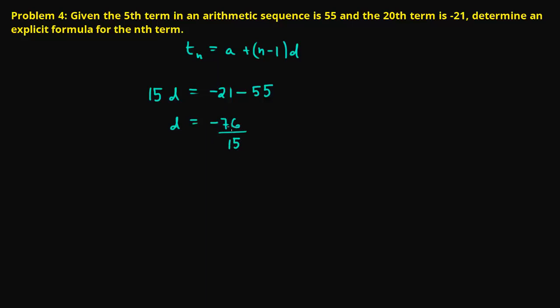To check if 76 is divisible by 3, we can use the divisibility by 3 test: it is only divisible by 3 if its digits add up to a number divisible by 3. 7 plus 6 is 13, which is not divisible by 3, and it's not divisible by 5 either. So this fraction is not reducible. So what we have now is t sub n is equal to a plus n minus 1 times negative 76 over 15.